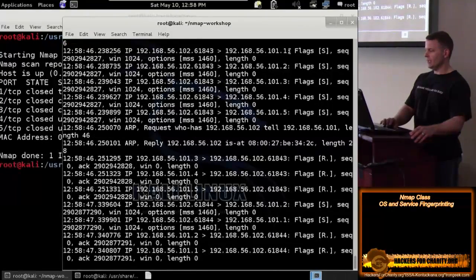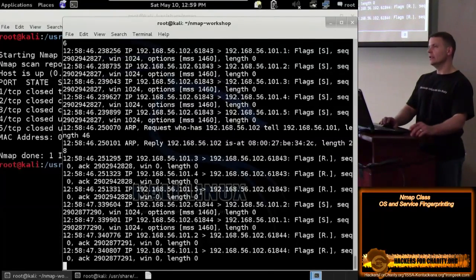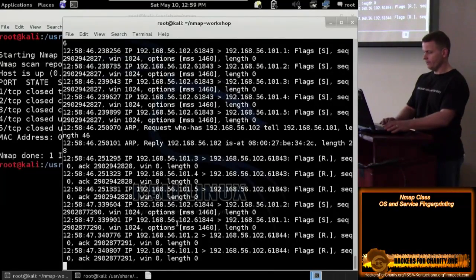So we got this nice output, 1, 2, 3, 4, 5, with all these SYNs sent in them. And then we got back the replies. Those replies obviously came back in a somewhat random order. It just depends on how fast the target received and processed those requests, and they sent back the resets.